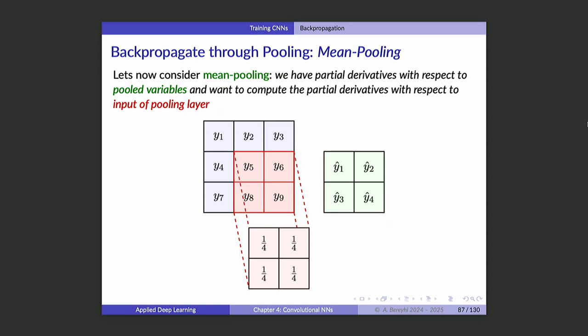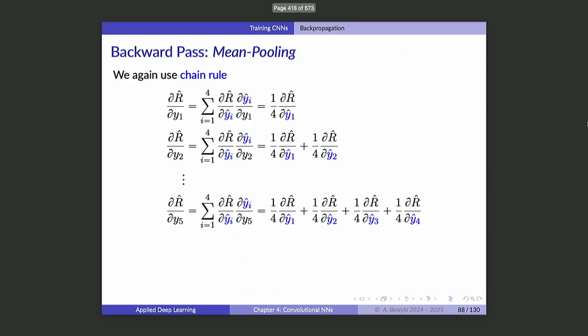The partial derivative of r hat with respect to y5 is going to be 1/4 times the sum of all of those r hat partial derivatives with respect to y hat i, right? This is going to happen everywhere. So if you keep on writing down all of those chain rules, this is for y5, and then again they're going to shrink, right? The others are less involved, correct?